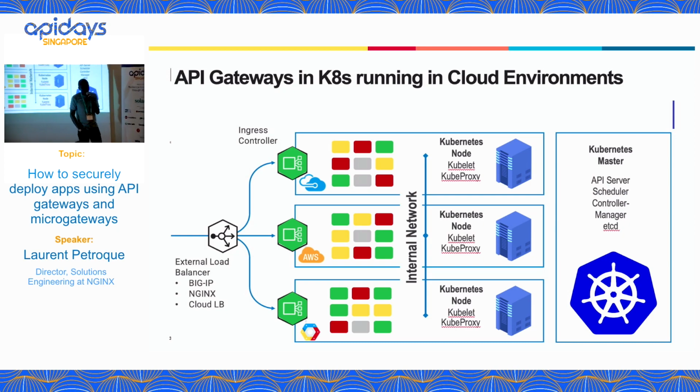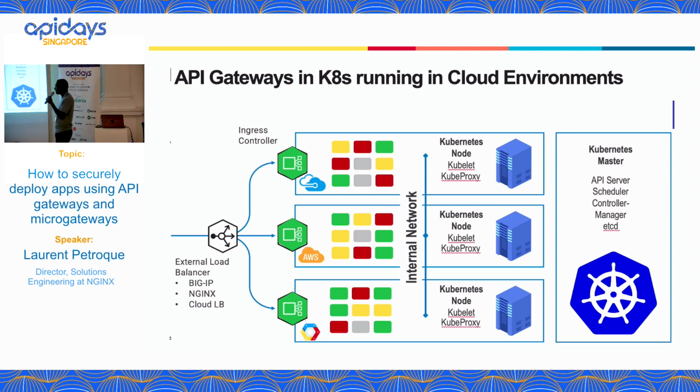And I had to manage my configuration and my API specification on each and every single API gateway. So that's one of the big projects going on right now. An API gateway by itself is interesting, but when it comes to Kubernetes and microservices environments, there is a challenge that needs to be faced.